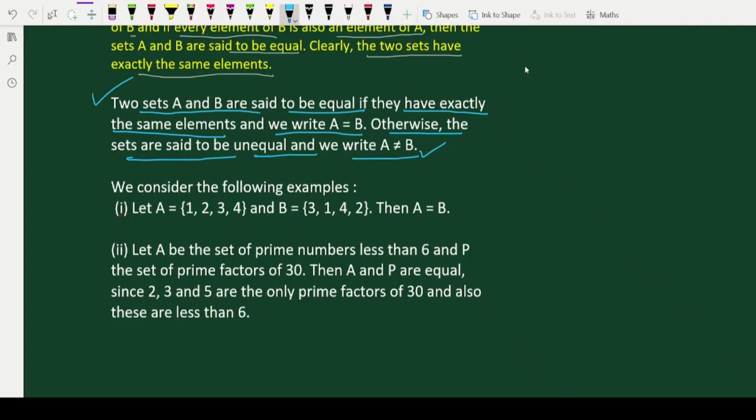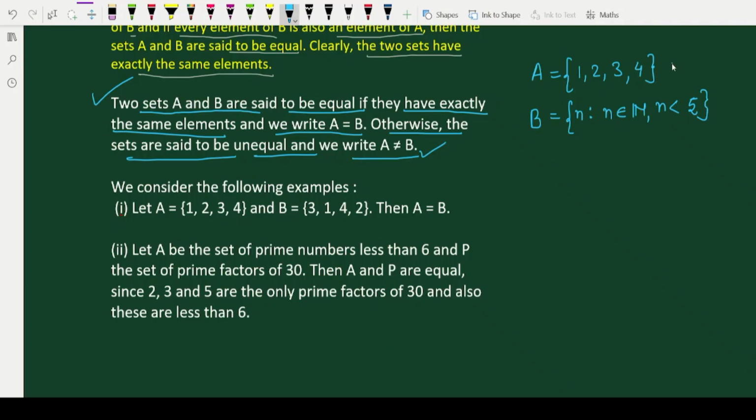Okay, let's say I write a set A, say 1, 2, 3, 4. This is a set. And I write B like that, n such that n belongs to natural numbers and n is less than 5.